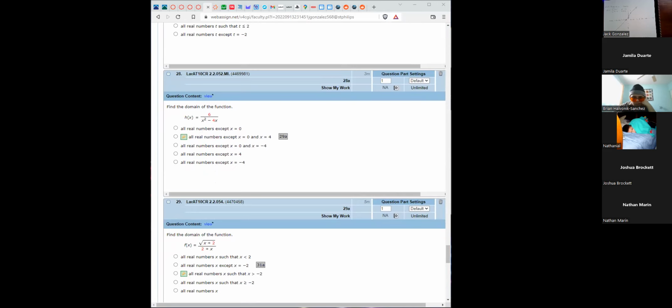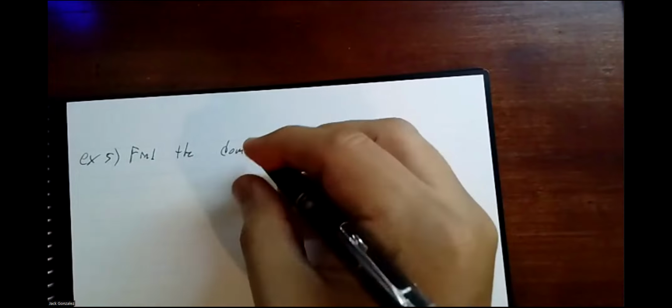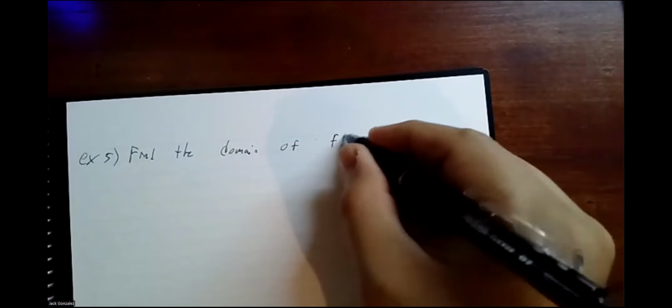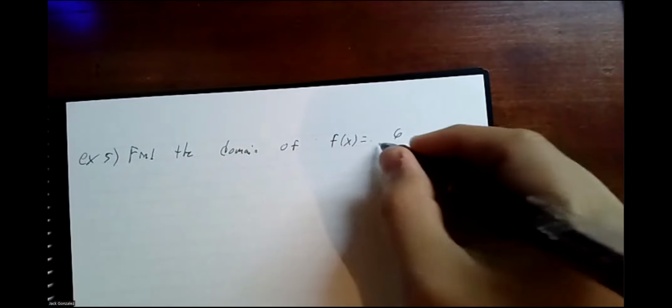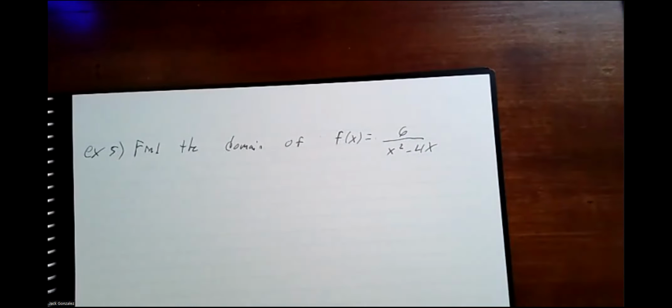Let's do that by hand. Number 28: x squared minus 4x.